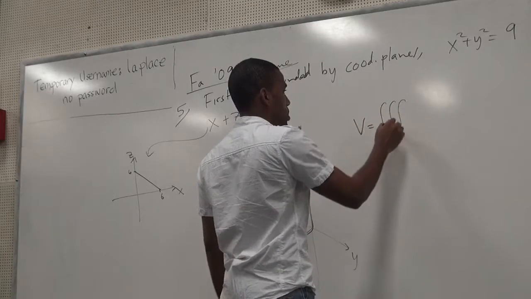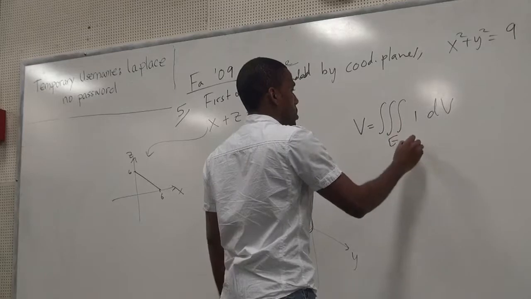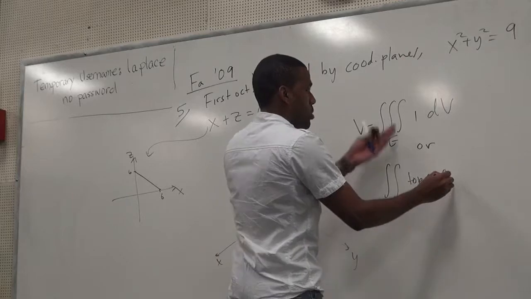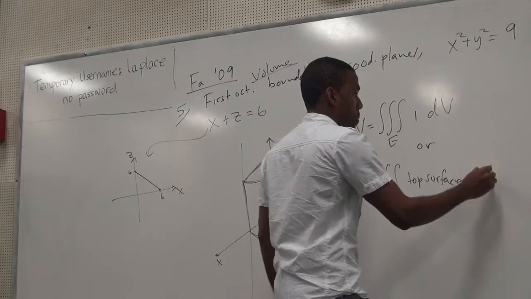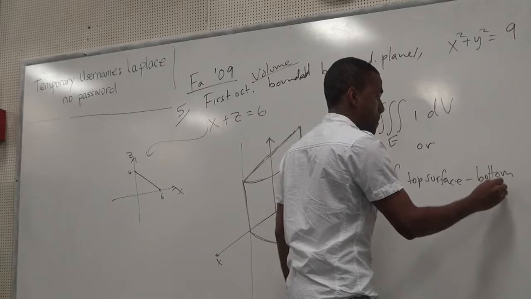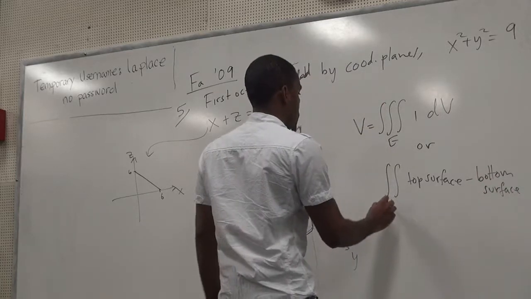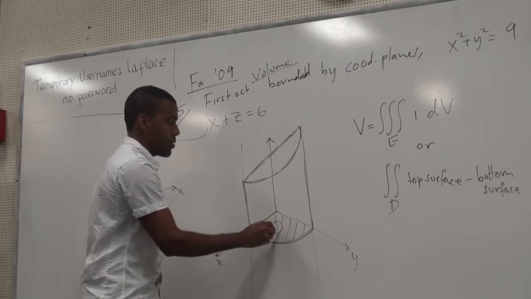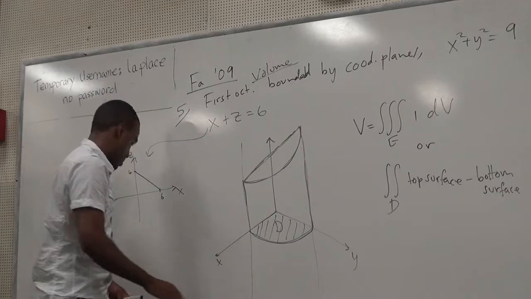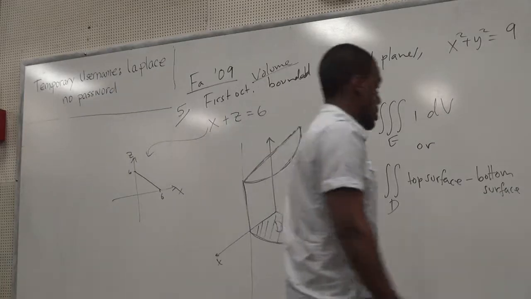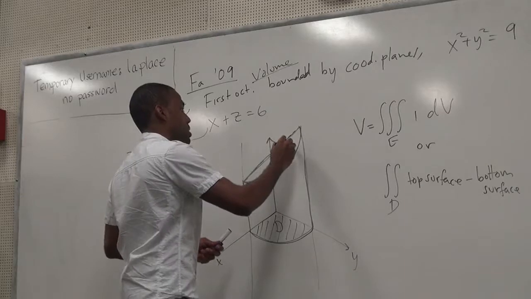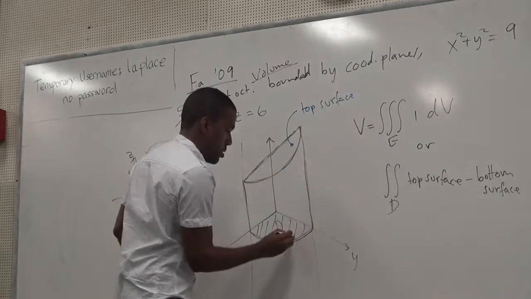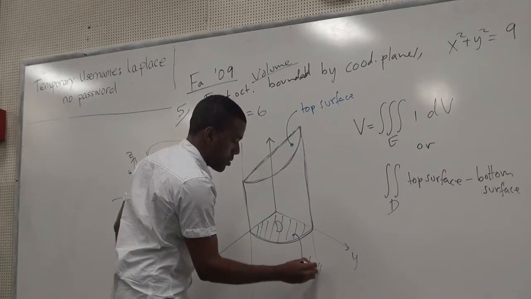You can do the triple integral of 1 dV, or you can do the double integral of top surface minus bottom surface, which is actually equivalent to that. Personally, I let this be my D. This is the top surface and this is the bottom surface.